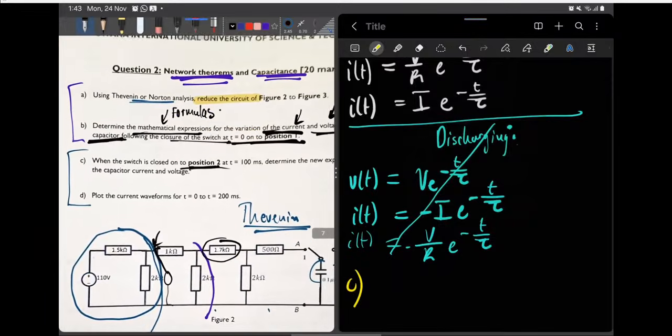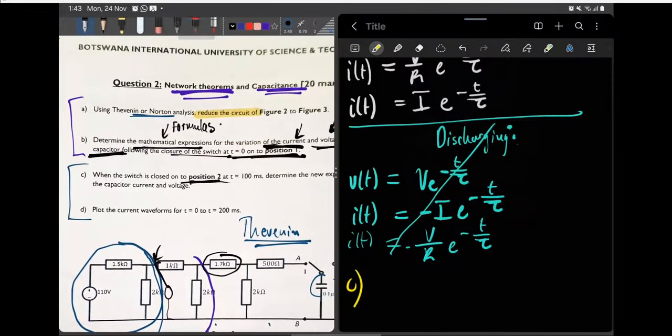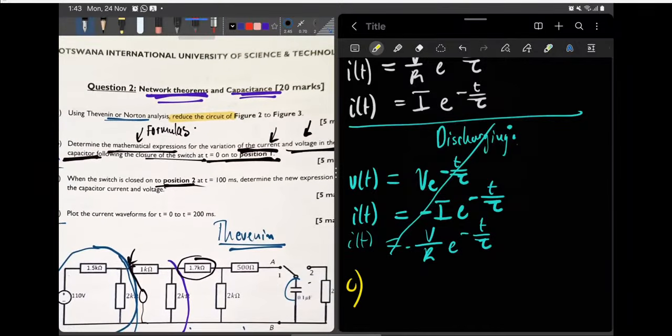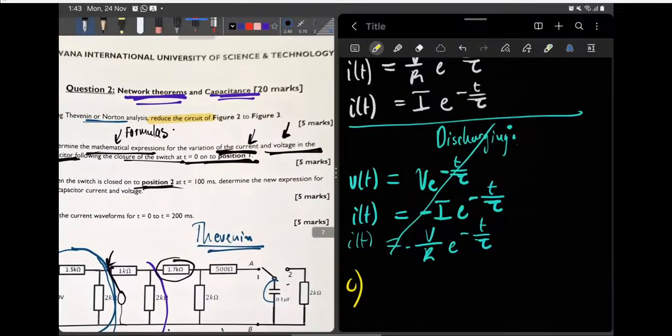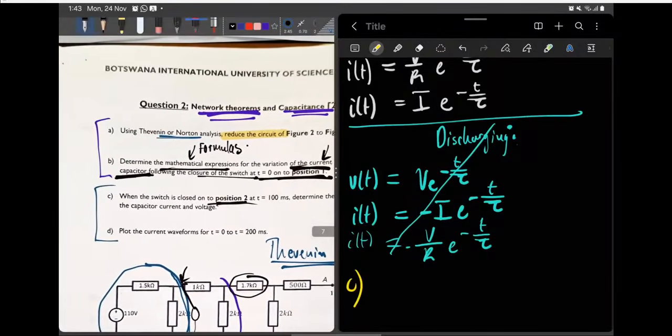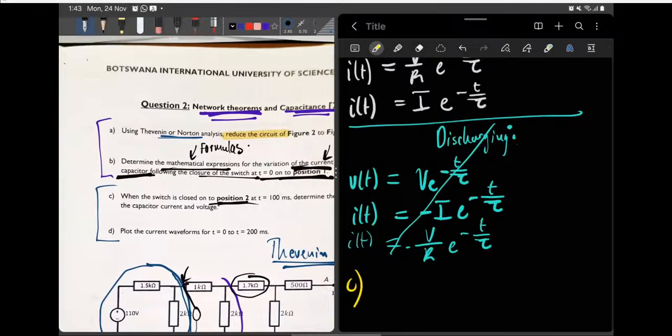So now where they said when the switch is closed on position 2 at this time, determine the new expression for the capacitor current and voltage. So to do number 6, the time will now be 100 milliseconds.